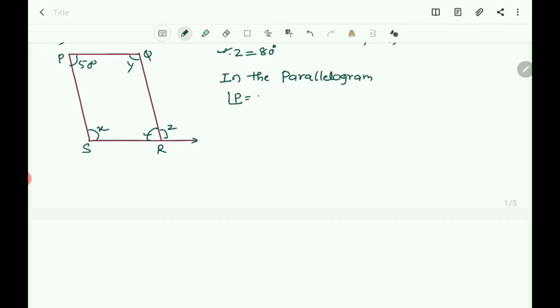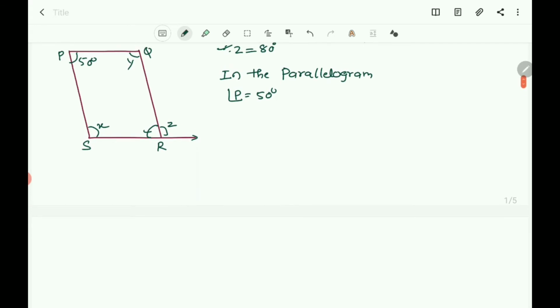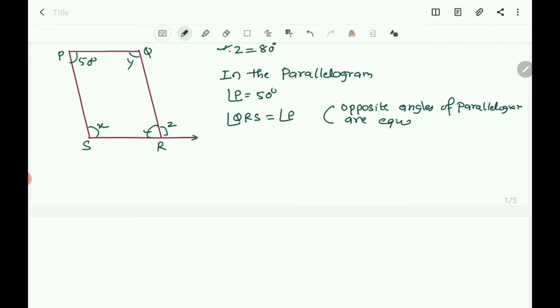Angle P is equal to 50 degrees. Angle QRS must be equal to angle P. Why is it? Opposite angles of a parallelogram are equal. Therefore, angle QRS is equal to 50 degrees.